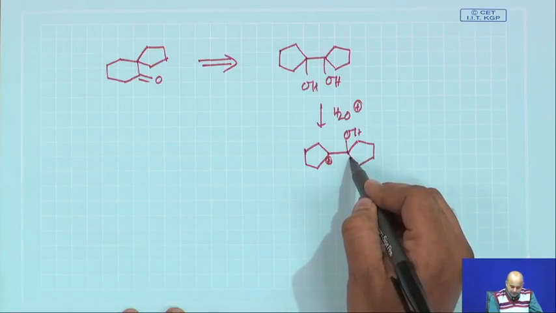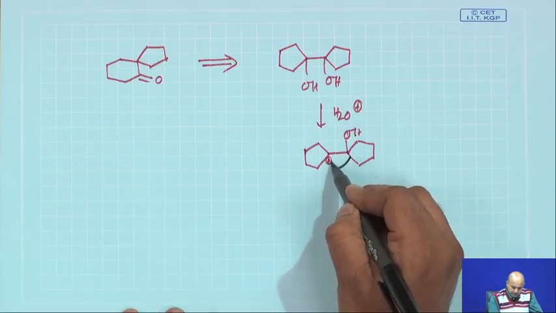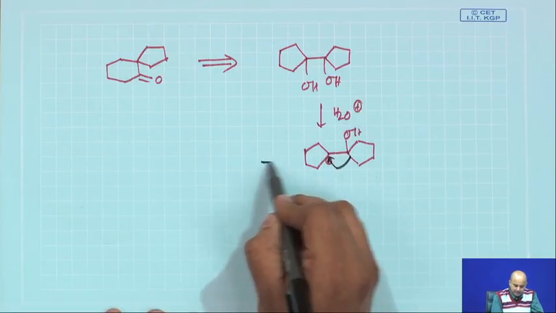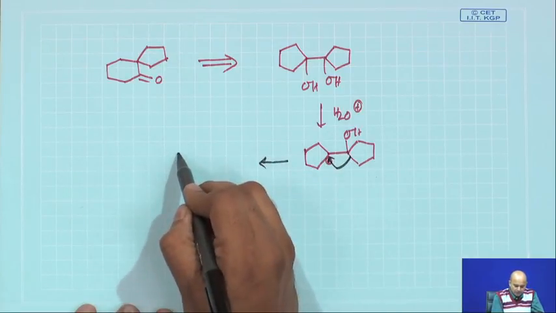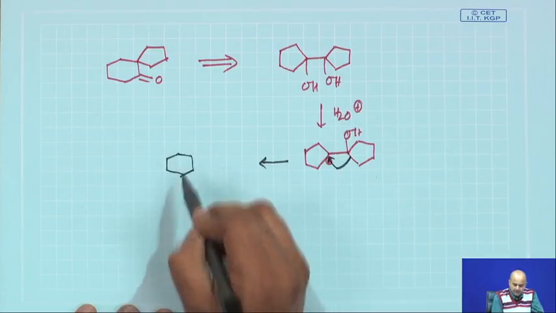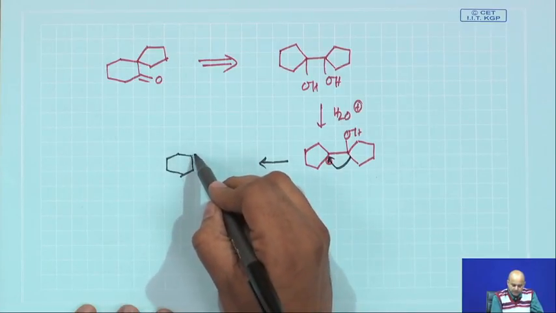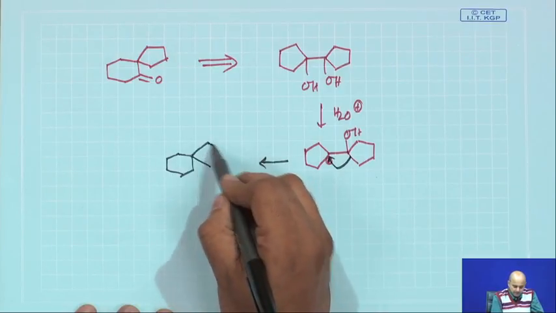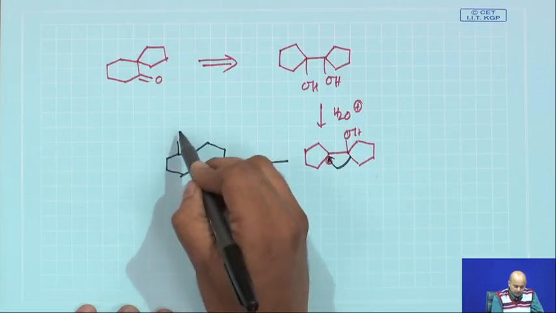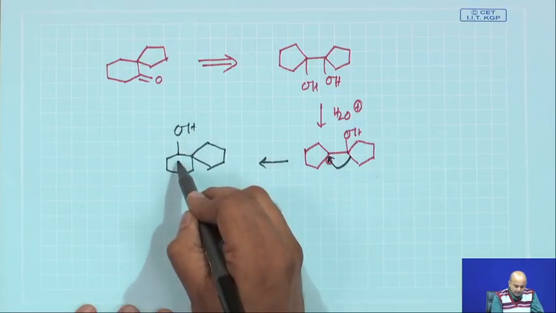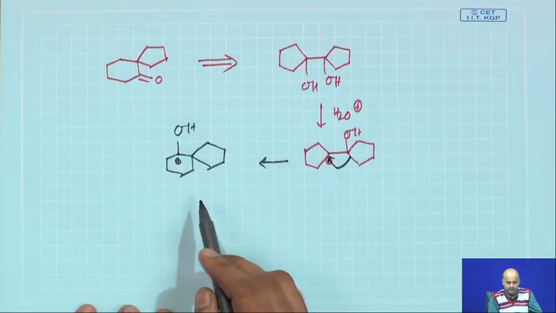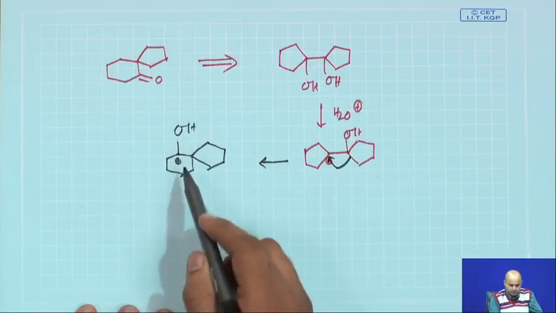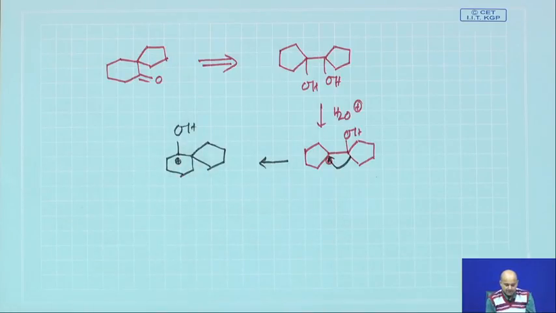Now, this basically migrates, and what will it give? It basically gives you the six-membered ring here, and then it basically collapses to give you the carbocation.